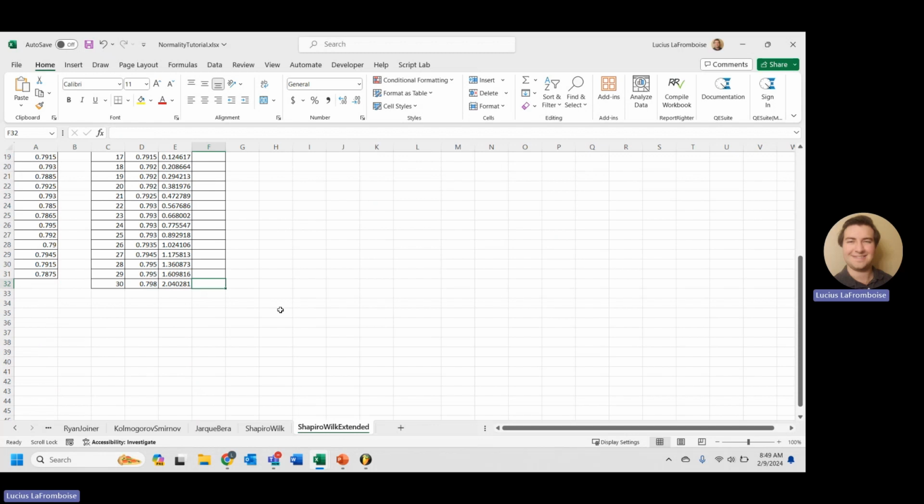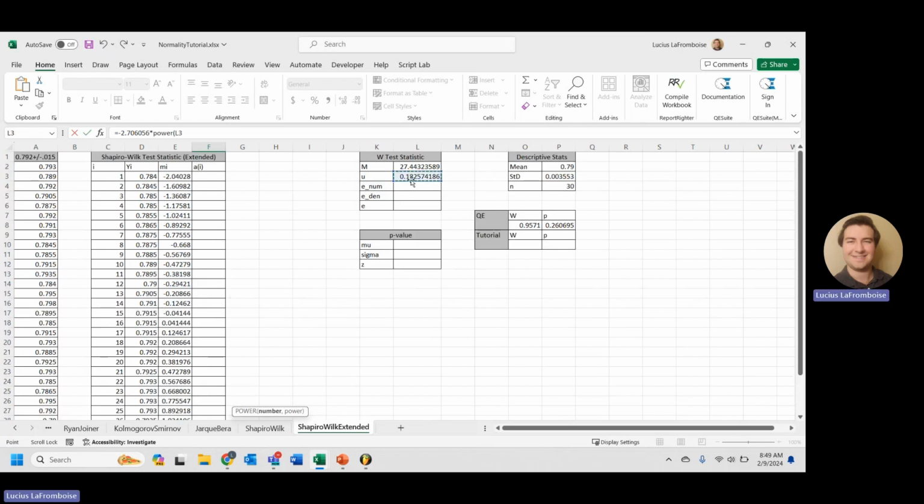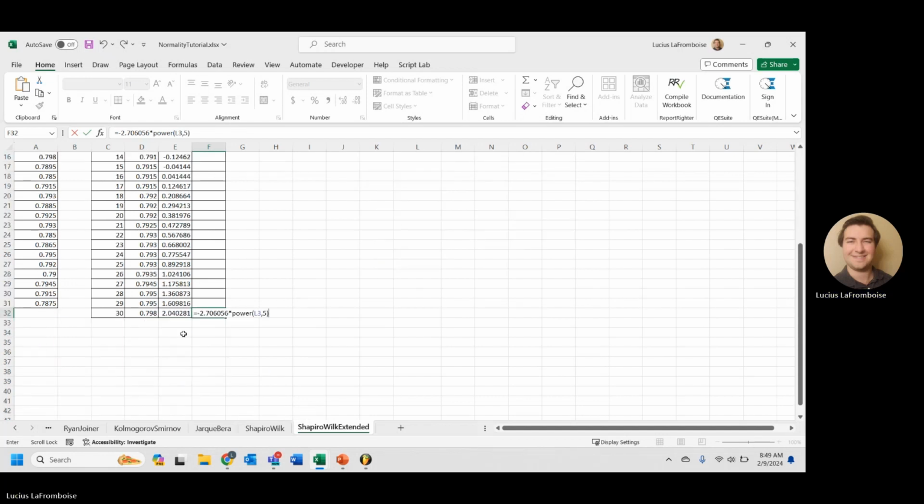Let's get started. So AN equals negative 2.706056 times power of U, so we raise that to the 5th, and now we're going to say plus 4.434685 times power, and I'll just do L3, which is U, to the 4th, minus 2.07119 times power of L3, again that's U, to the 3rd, minus 0.47981 times power of L3 squared.